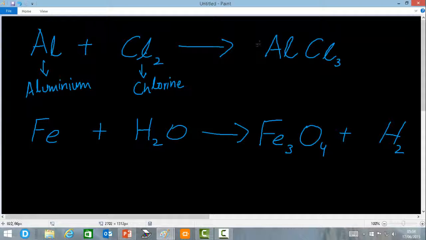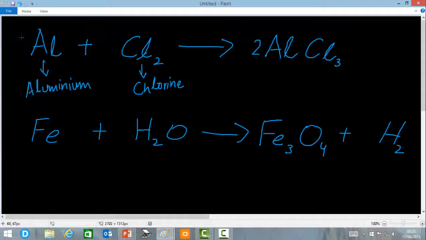We can multiply aluminium with 2. So we have now 2 aluminium and 6 Cl, means 6 chlorine. And now we are going to balance the chlorine on our reactant side, and also we have to balance aluminium, because now over here there are 2 aluminiums.